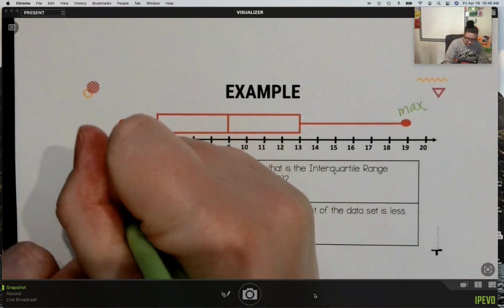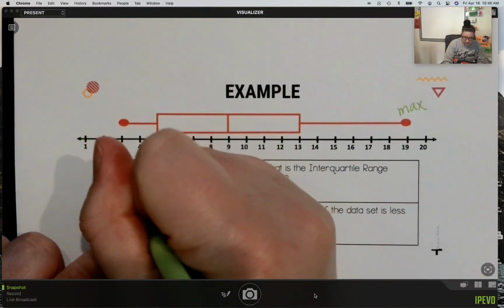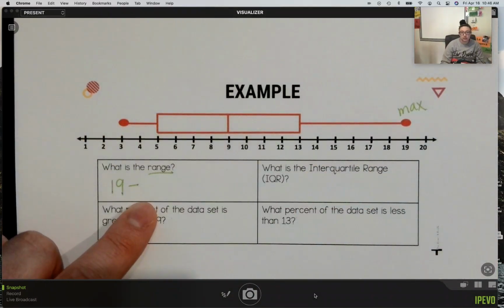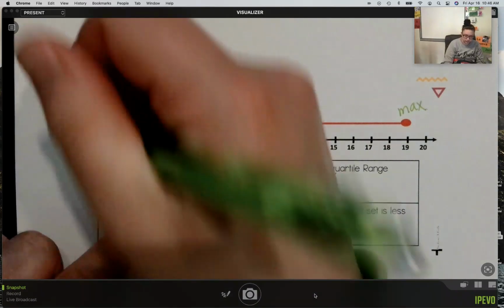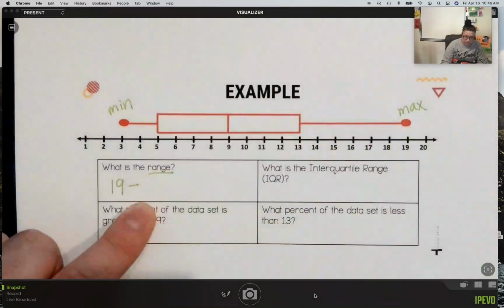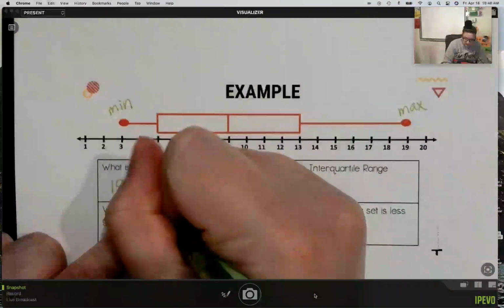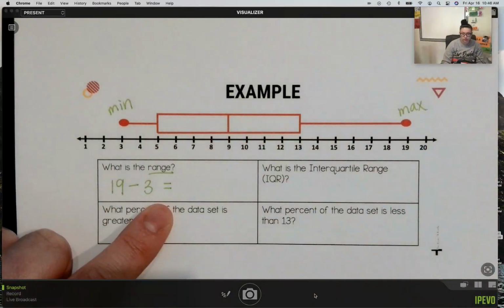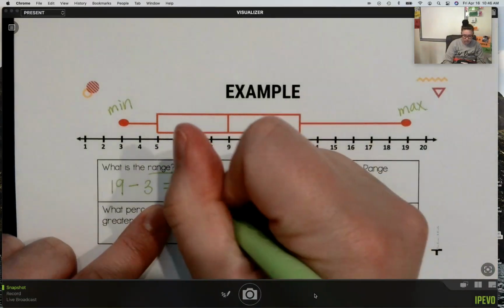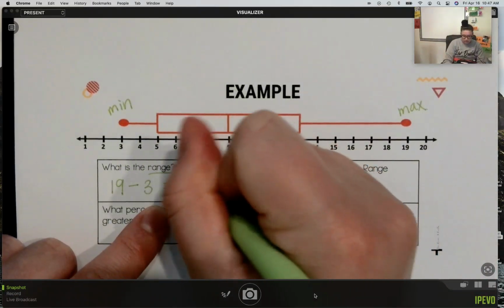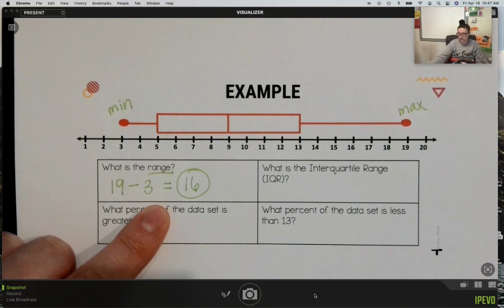My maximum is 19, and I subtract my minimum. What is my minimum? 3. So I need to do 19 minus 3. What is 19 minus 3? 16.